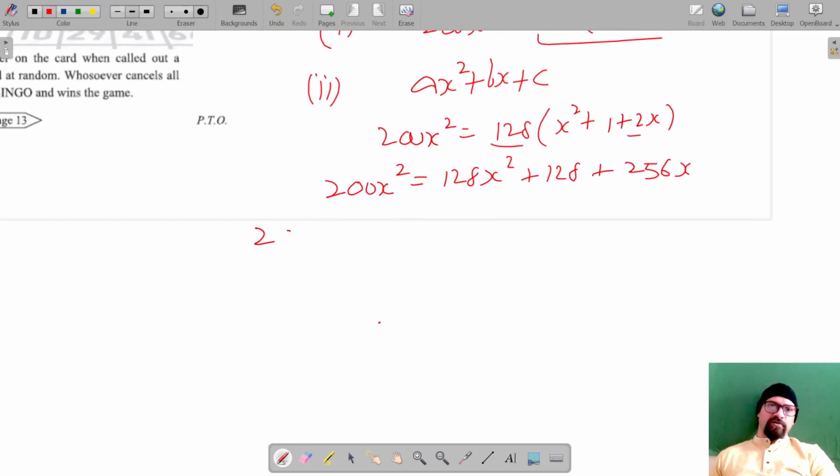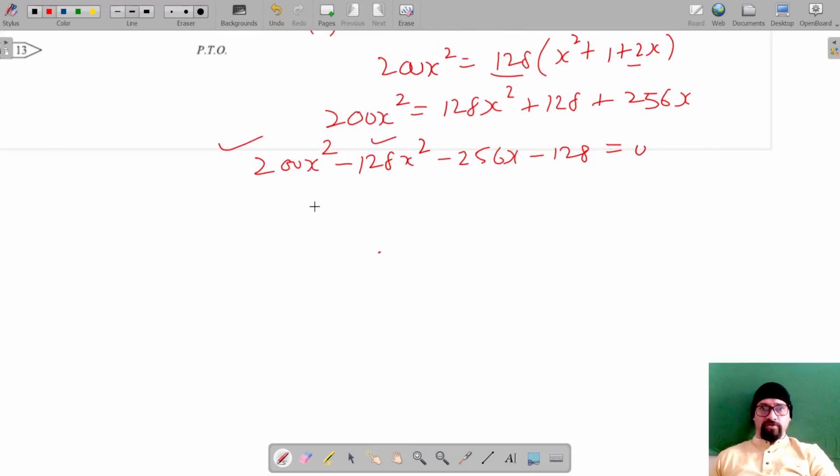Now I'm going to shift all these to the left hand side: 200x square minus 128x square minus 256x minus 128 is equal to 0. So 200 minus 128 is 72, giving 72x square minus 256x minus 128 is equal to 0.